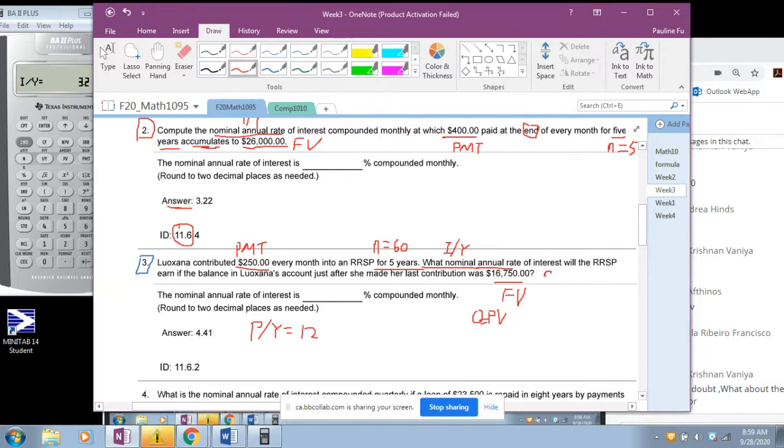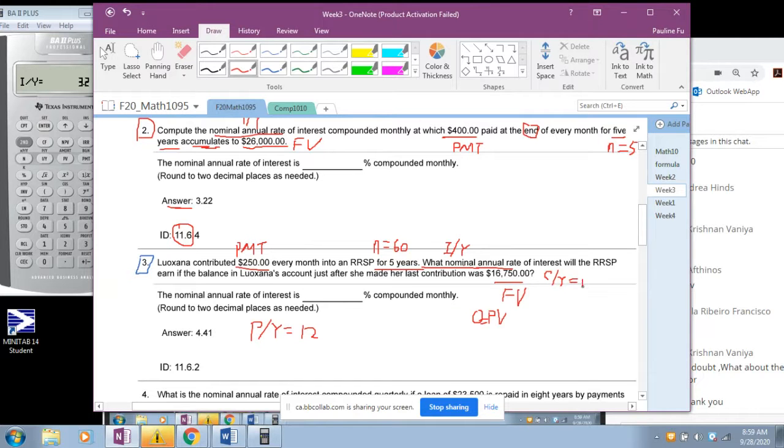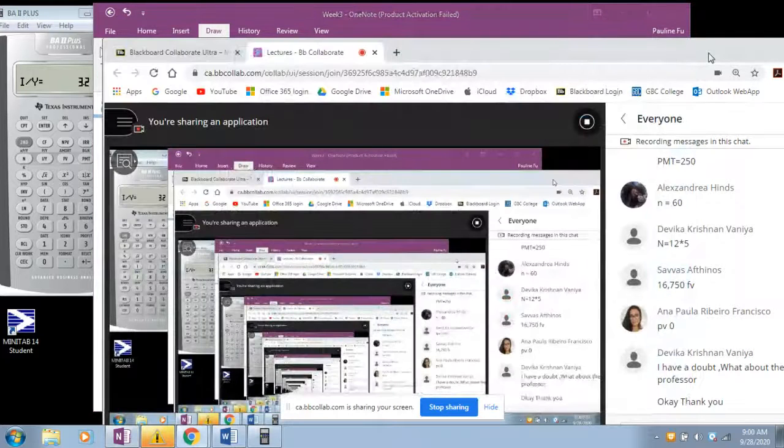So you use CY equal to 12. This is one indicator. Another indicator: this is chapter 11, and in chapter 11 you always assume PY equal to CY. Good observation, David.